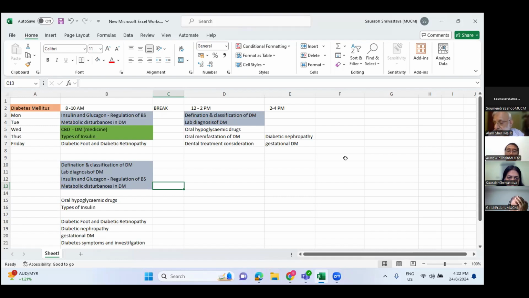You may have, let's say, an anatomy topic on the pancreas, for example. In that way, we are having both horizontal and vertical integration. I think the concept is very clearly defined here. Well done, this group. Thank you, sir. Good.